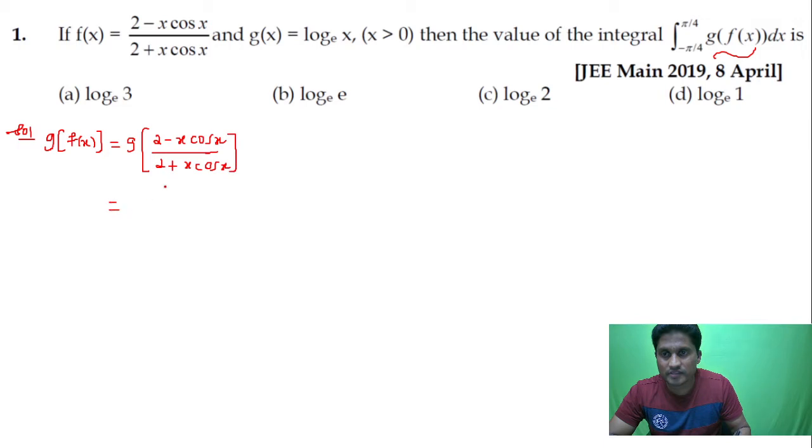Now g of x is equal to log x. g of (2 minus x cos x upon 2 plus x cos x) will be equal to log of (2 minus x cos x) upon (2 plus x cos x).